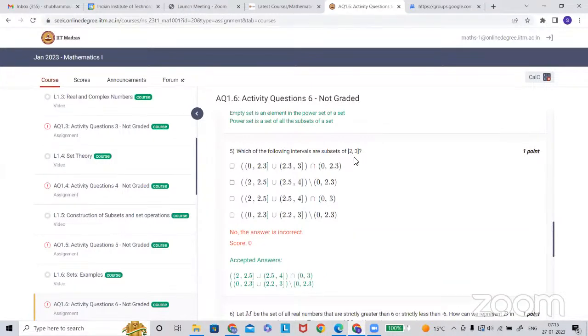Both 2 and 3 will be taken. Here the interval is open 0 to 2.3. Let's go with the first option. It is saying open 0 to closed 2.3, union open 2.3 to closed 3. So take this one.